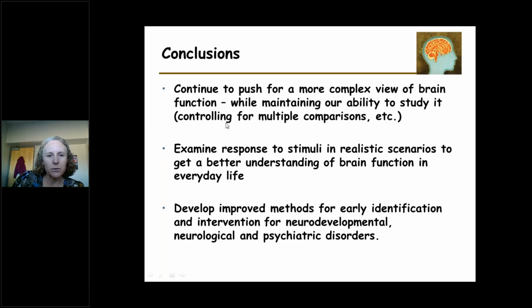I think it continues to be important to develop stimuli in more realistic scenarios to better understand brain function in everyday life. And in general, I think we need to continue to improve methods for early identification and intervention for neurodevelopmental, neurological, and psychiatric disorders.